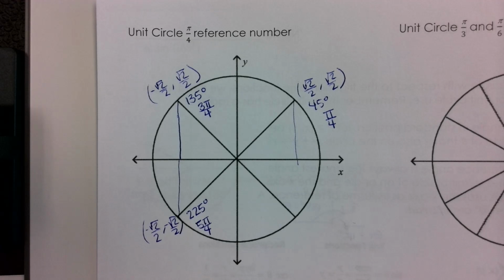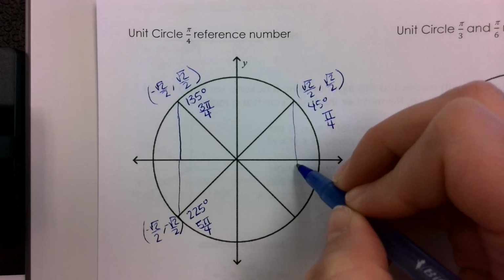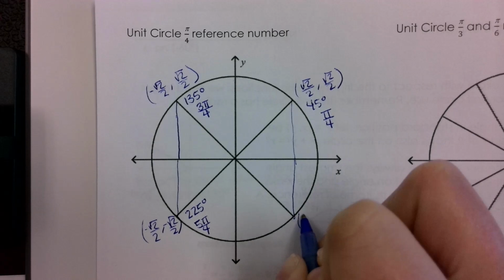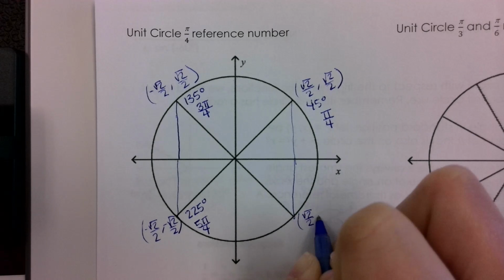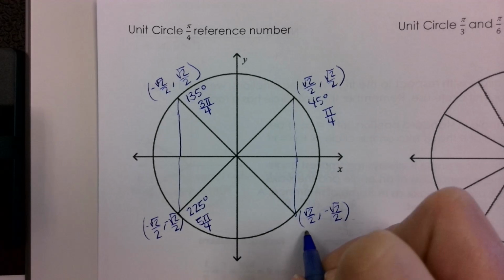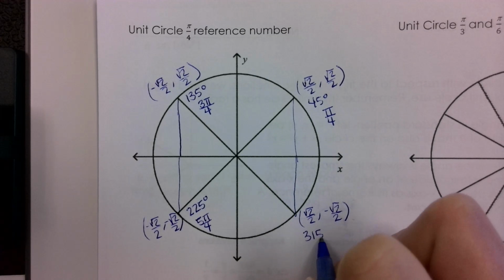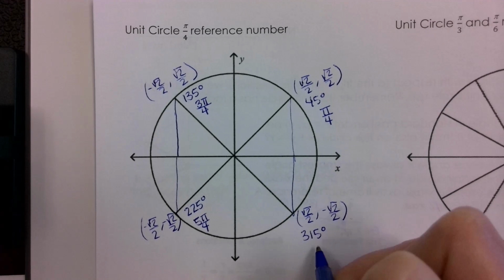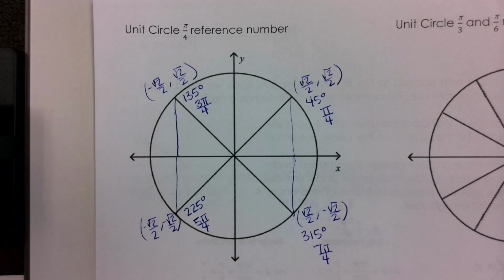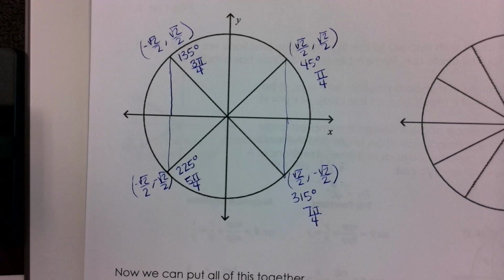And if we were in quadrant 4, what are our signs going to be now? Positive, negative. So we'll have positive square root 2 over 2, negative square root 2 over 2. And that's 315 degrees. When you convert that to radians, you get 7 pi over 4. Questions on any of those? You okay with that? Is it making a little bit of sense?